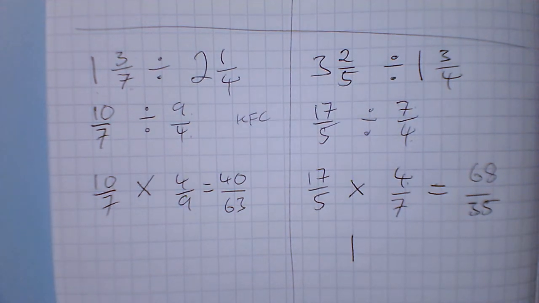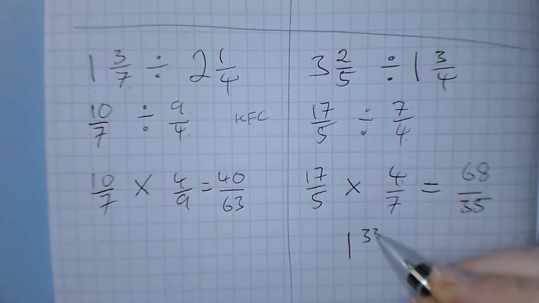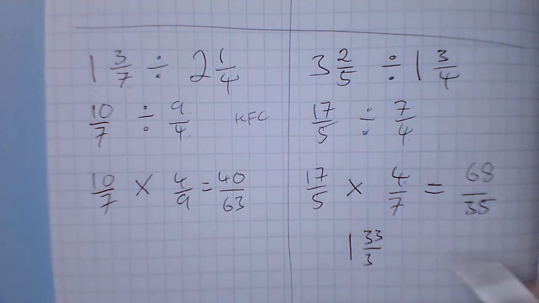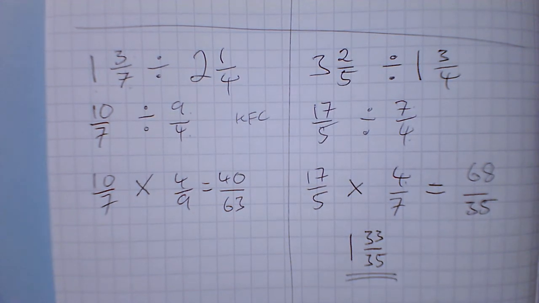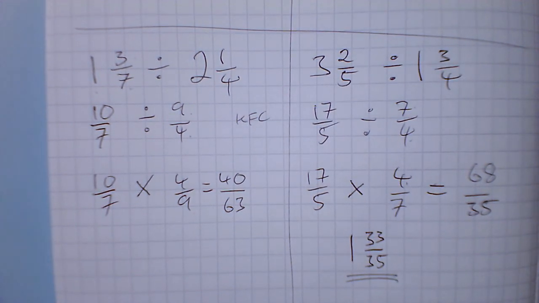And if I take 35 away from 68, I'm left with 33. So it's 1 and 33 35ths. And I feel it's a little bit more understandable than 68 35ths somehow. 1 and 33 35ths, but both answers are correct.